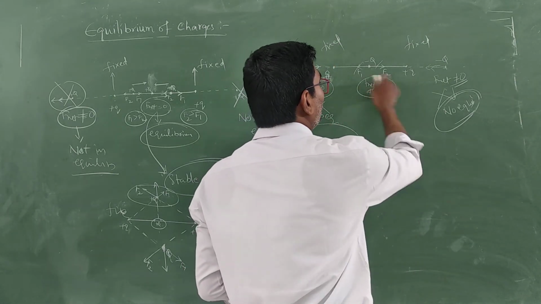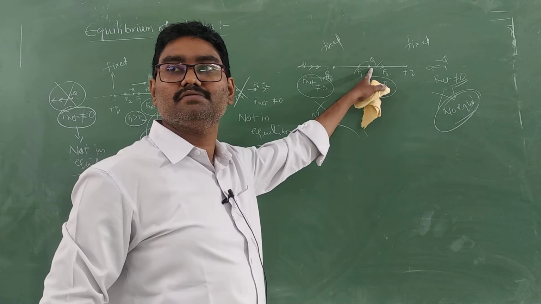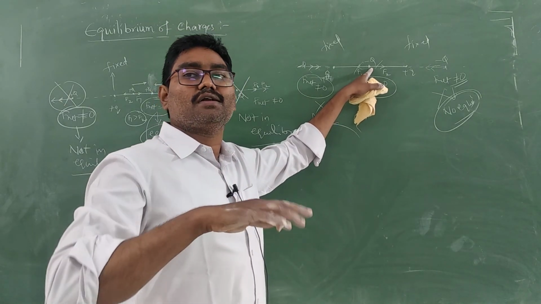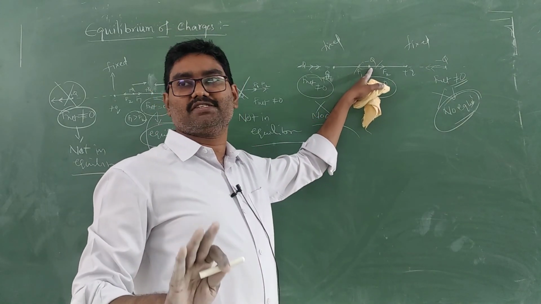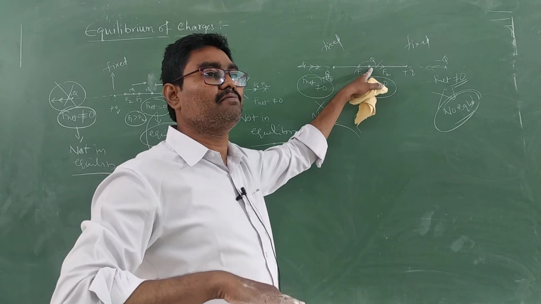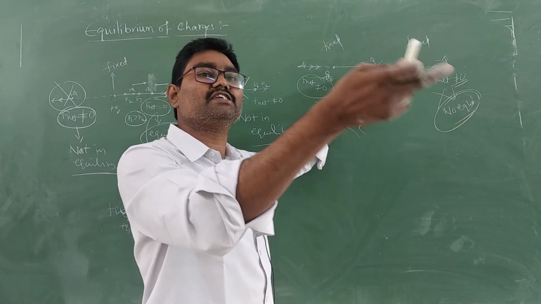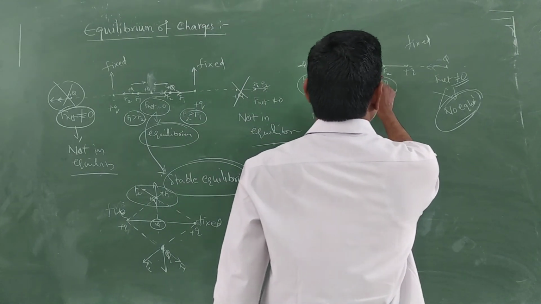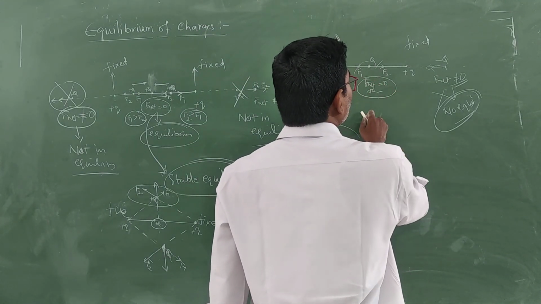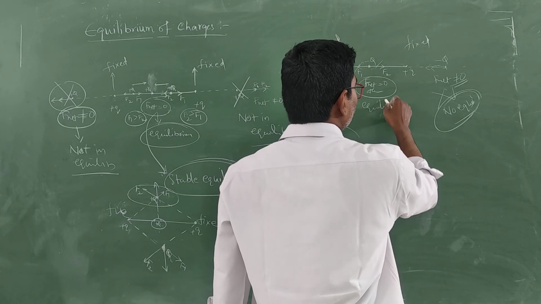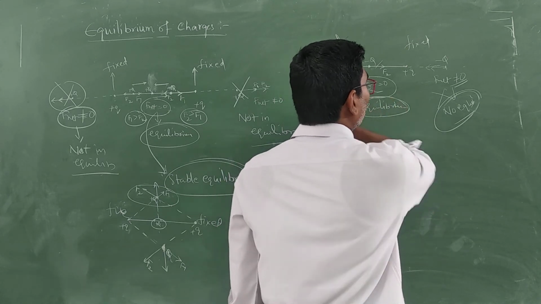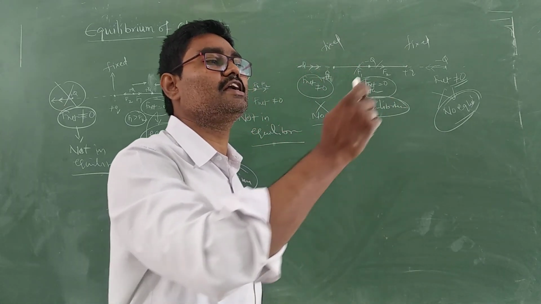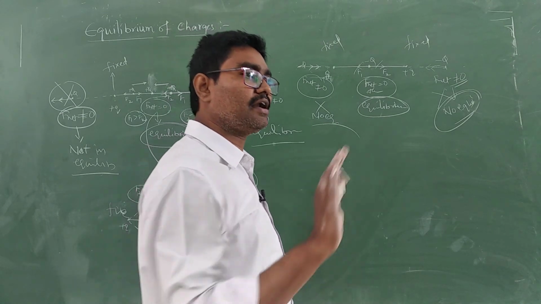Okay, so net force is 0 means equilibrium first. If it is displaced and comes back, then you say stable. F net is 0, so equilibrium. Now you slightly displace it from the mean position and observe it.